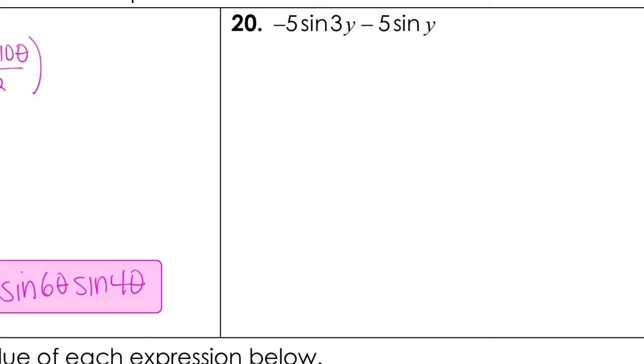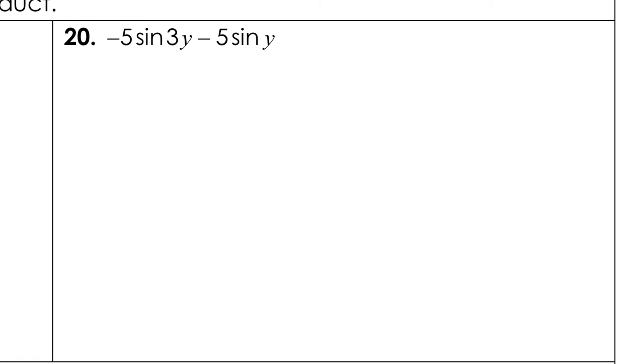Okay, our next one. So you always want it to just be the trigonometric terms. This one has coefficients in front, so that's the first thing you want to get rid of. They both have -5, so let's divide them both by -5.